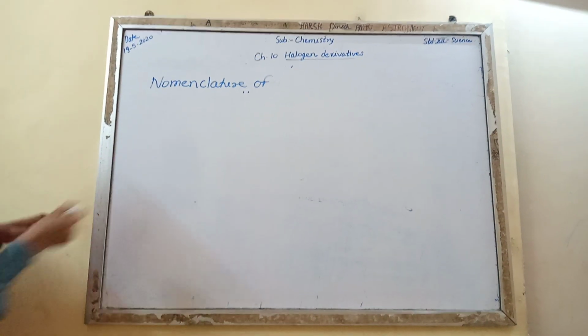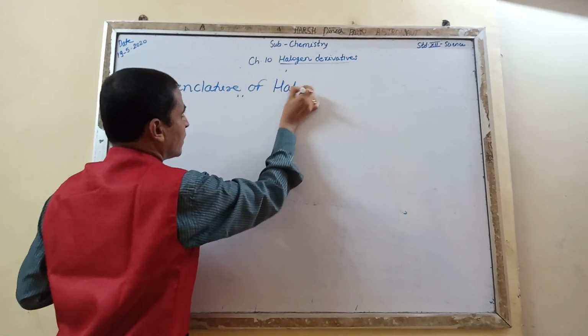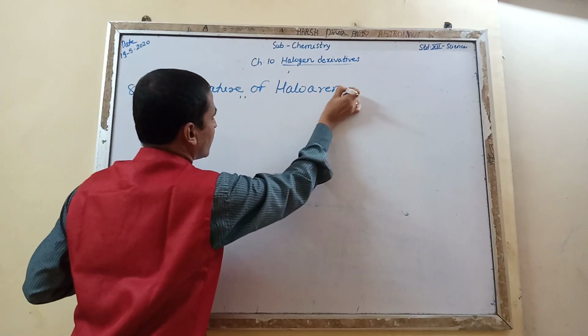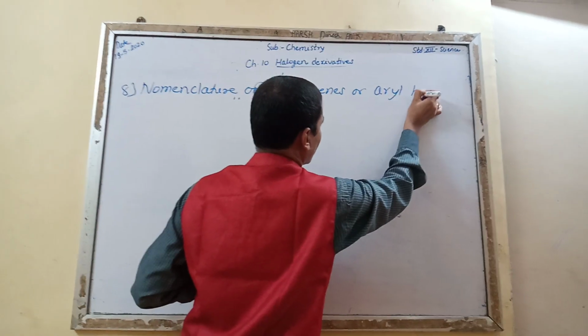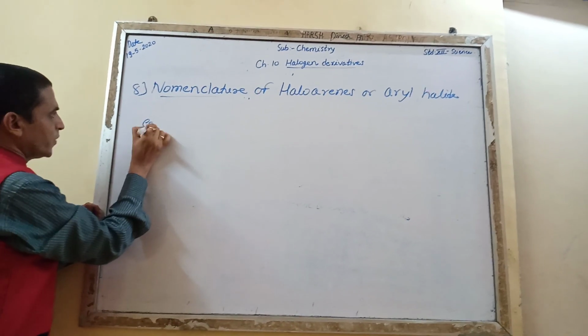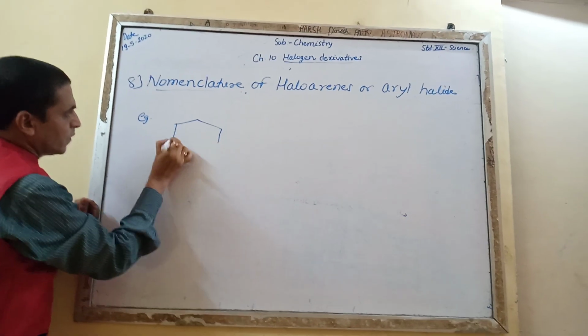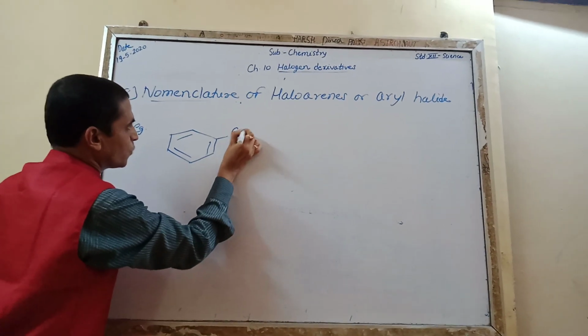So next part, nomenclature of haloarenes or aryl halide. Okay, we can consider an example. The aromatic ring, I put here chlorine.